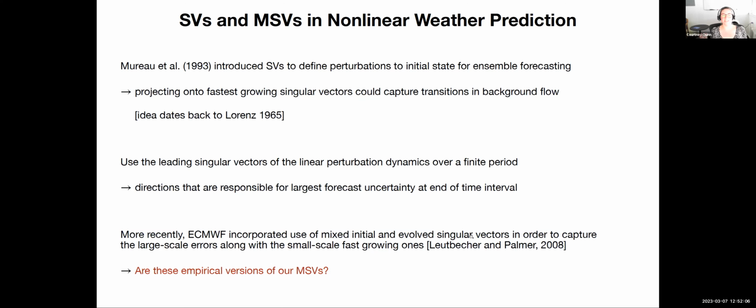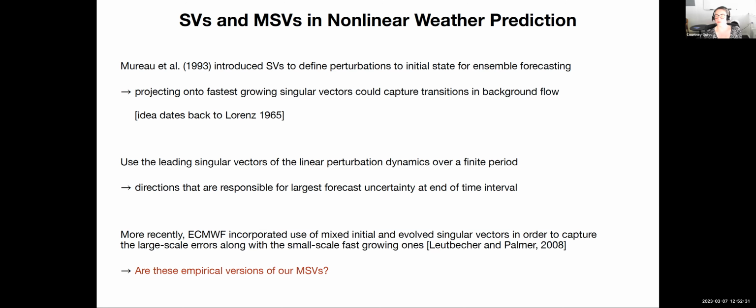The important thing to notice is that more recently, ECMWF, the European Centre for Medium-Range Weather Forecasts, has incorporated the use of mixed initial and evolved singular vectors. They're trying to capture both the large scale errors along with the small scale fast growing ones. So they have initial and evolved, and they're doing this mixing empirically.